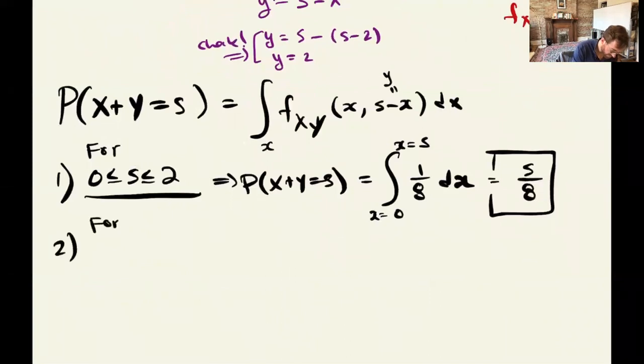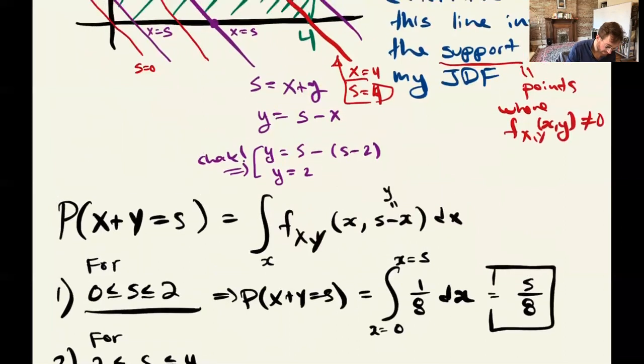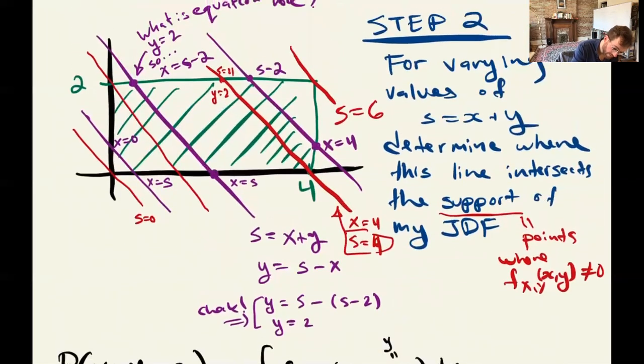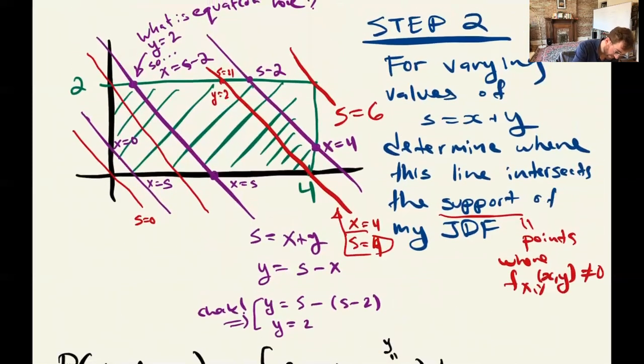So for s between 2 and 4, well, things are a little different here. So I'm now past this value, and I'm now starting to look at these kinds of values where my x limit of integration corresponds to s minus 2, and my limit here corresponds to s.